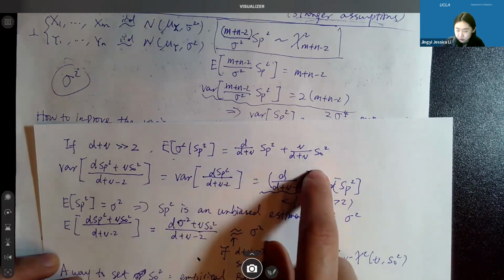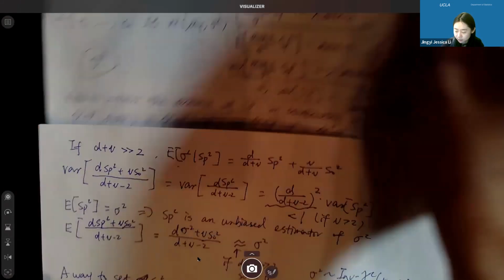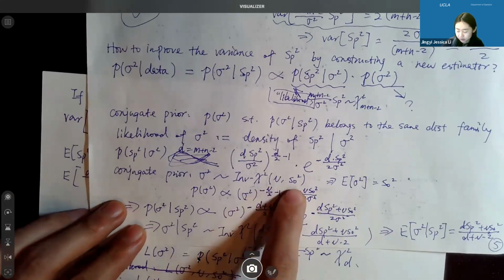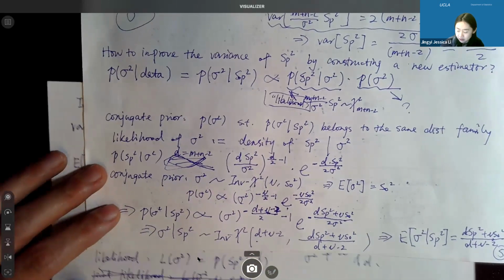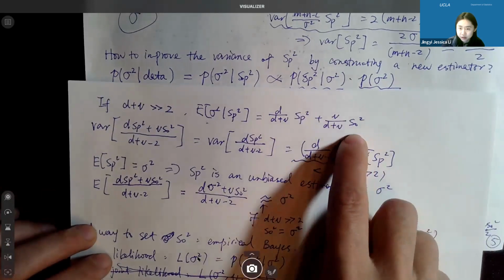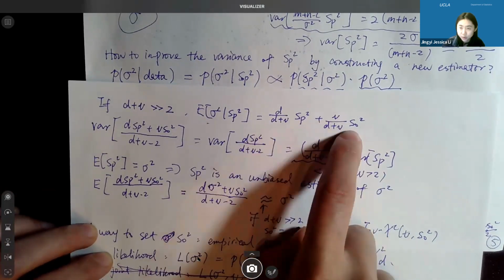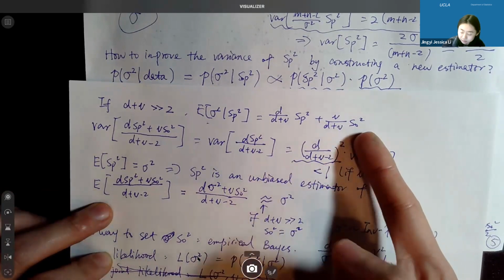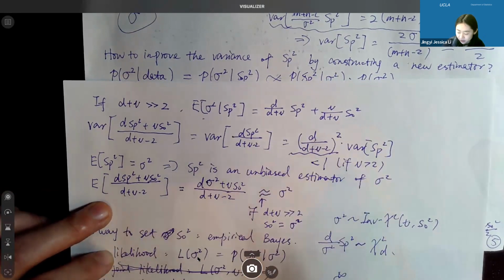However, S0 square is what we call the hyperparameter, which is a parameter of the prior distribution. So we have V and S0 square, those two hyperparameters that need to be specified, right? If we know some value here, that's great. Problem solved. We just use that value and we derive the new estimator. But if we don't know this S0 square, what can we do? We have to estimate it in some way.